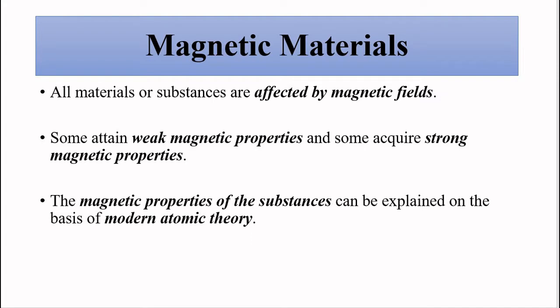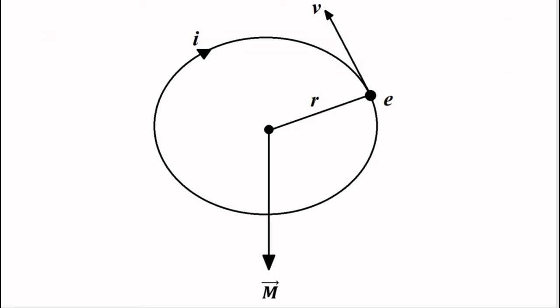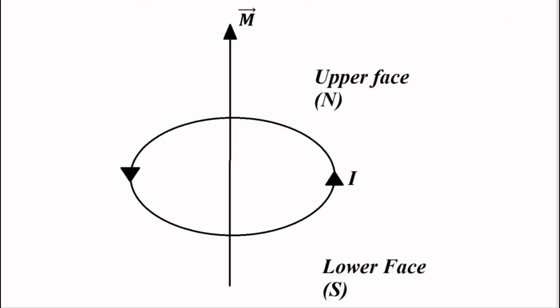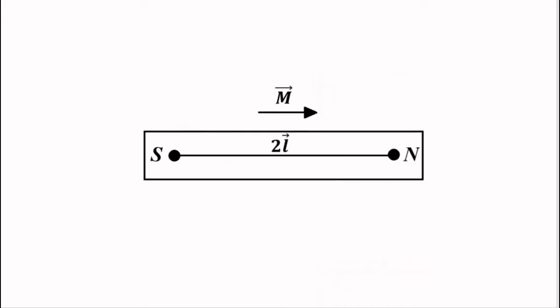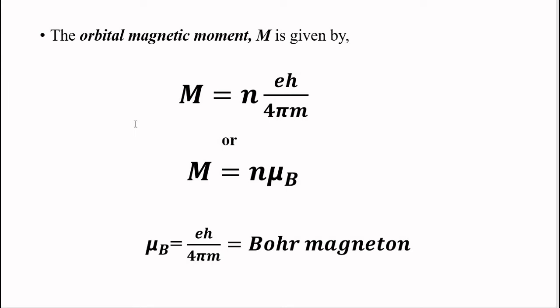This magnetic property of the substance is because of the orbital movement of electrons, which behaves like a current loop, and that behaves as a magnetic dipole with the orbital magnetic dipole moment given by this. We have already covered it.